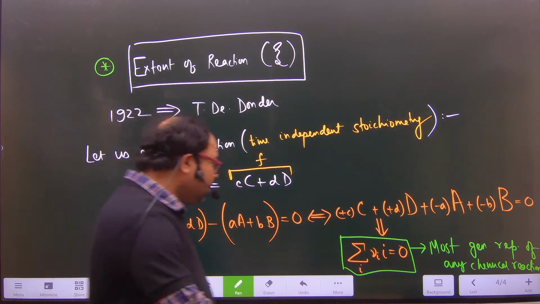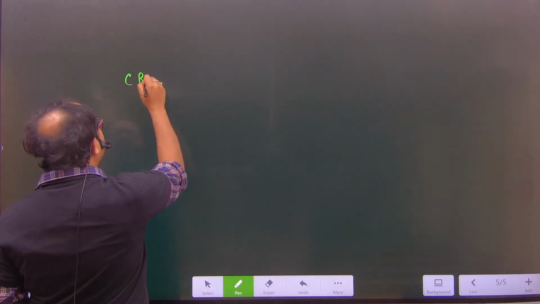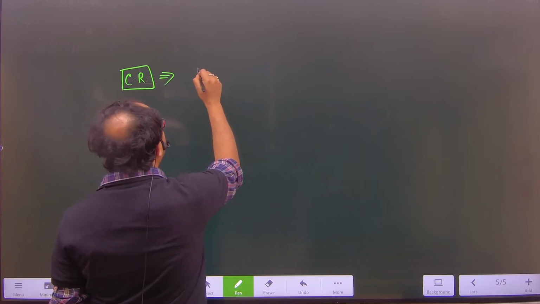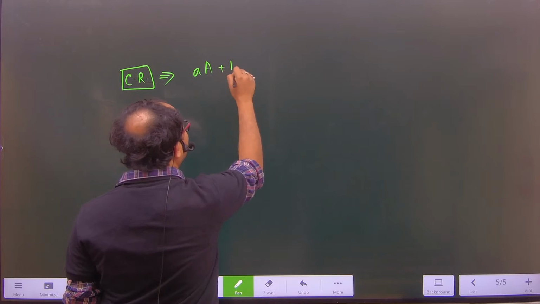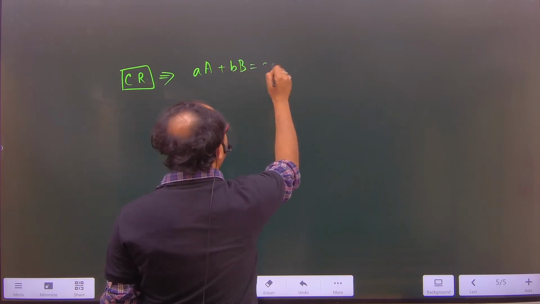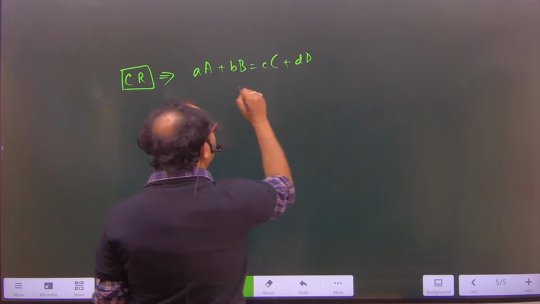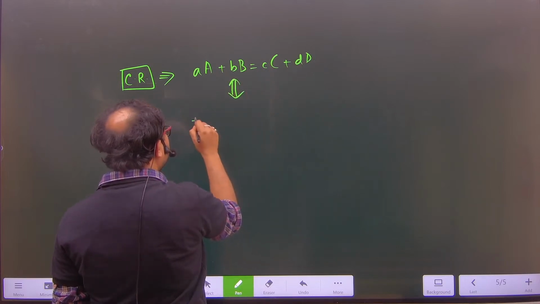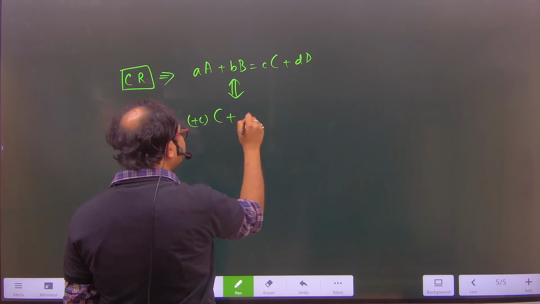So what we have got? We have got a chemical reaction represented like this. It is now converted into a form like this.